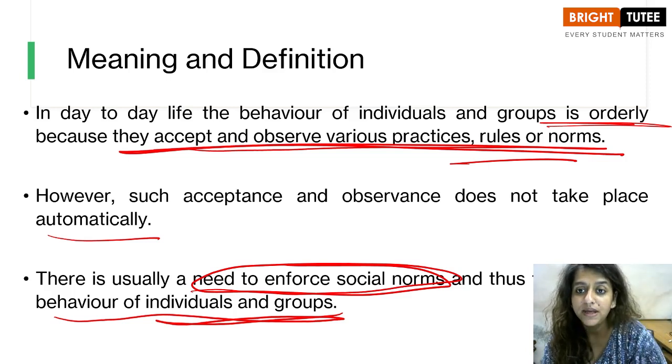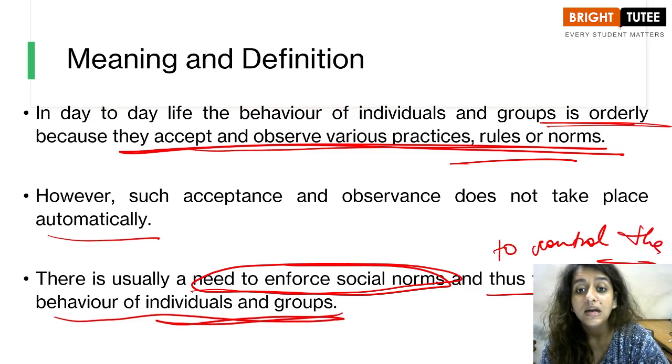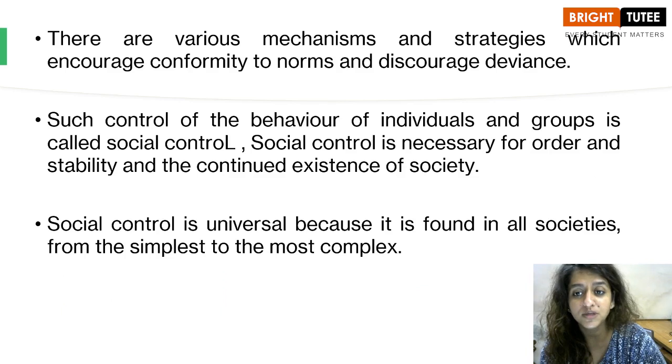Now this is a part of our society, and thus it says to control the behavior. This is something that has not really been done automatically. You do have some kind of enforced social norms which helps us in this process of maintaining the social order, or in this process of social control.